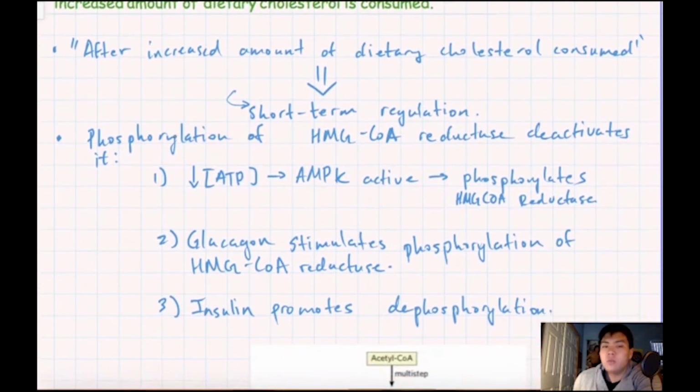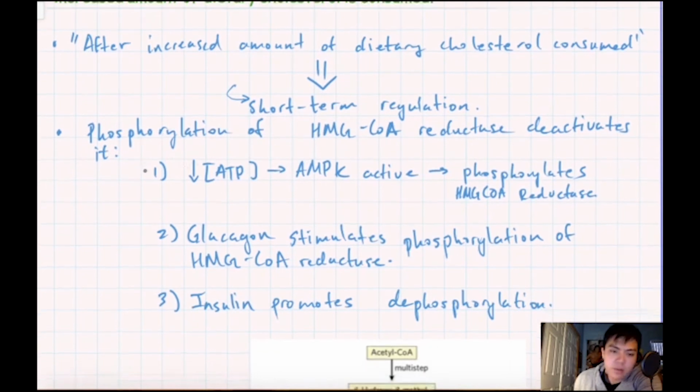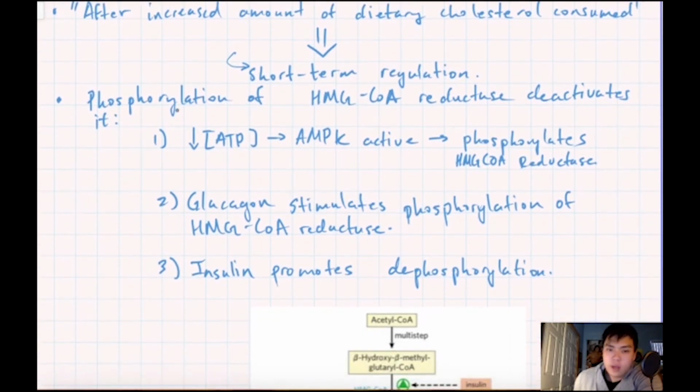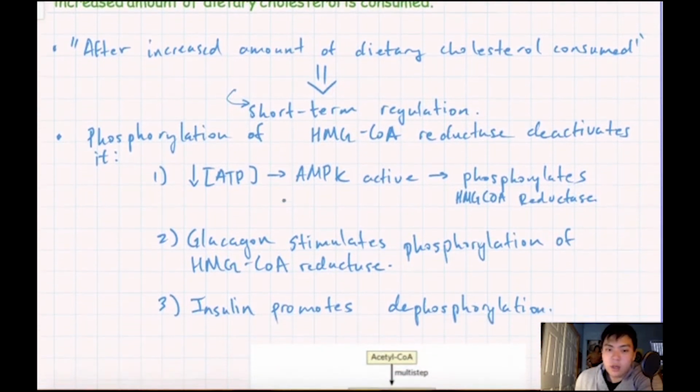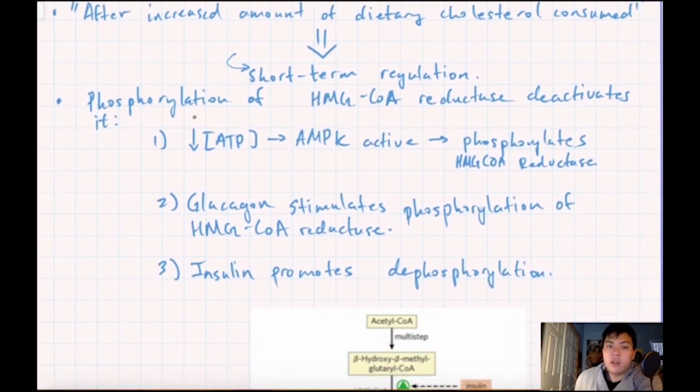But I think this is what he was aiming towards for this objective. So the major way short-term regulation is achieved is through covalent modification. So phosphorylation of our HMG-CoA reductase. Remember, that's the key enzyme for regulating the levels of cholesterol in our body.